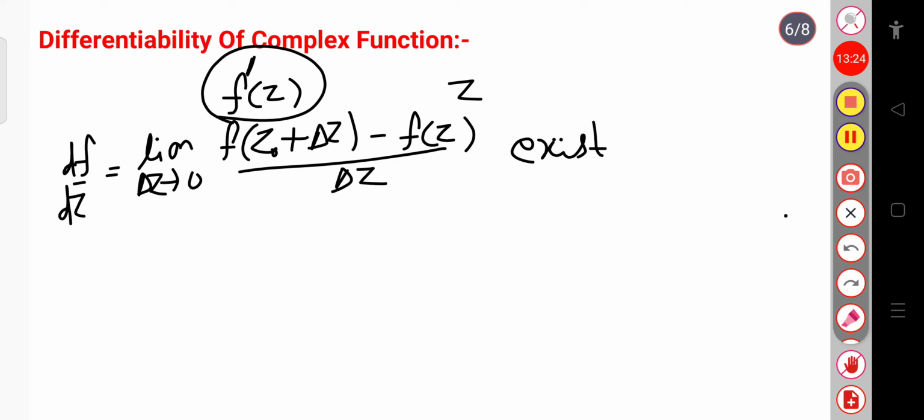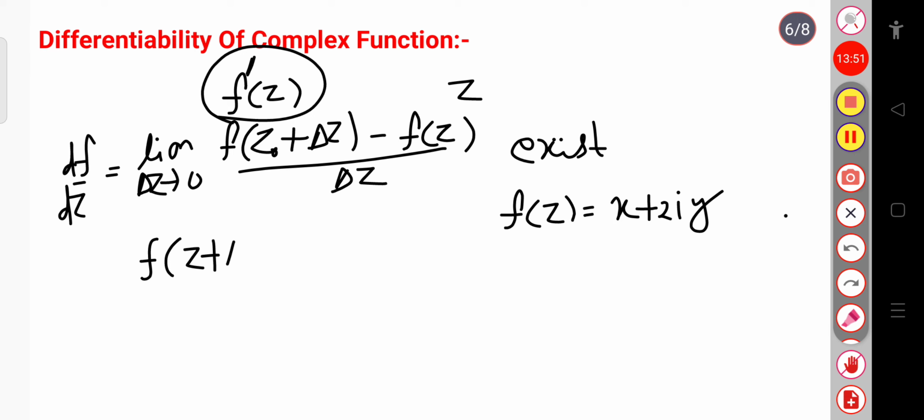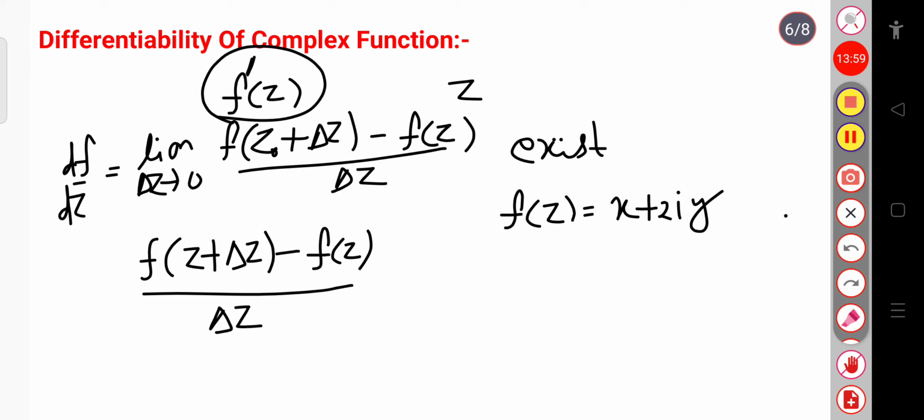To understand this, let us consider the complex function f of z equal to x plus 2iy. Now I write f of z plus delta z minus f of z, divided by delta z. This is df by dz.